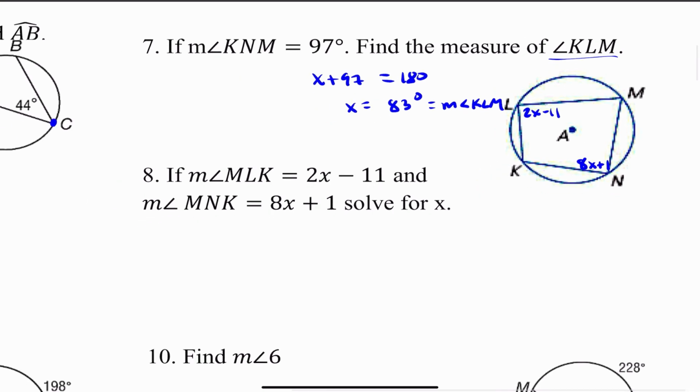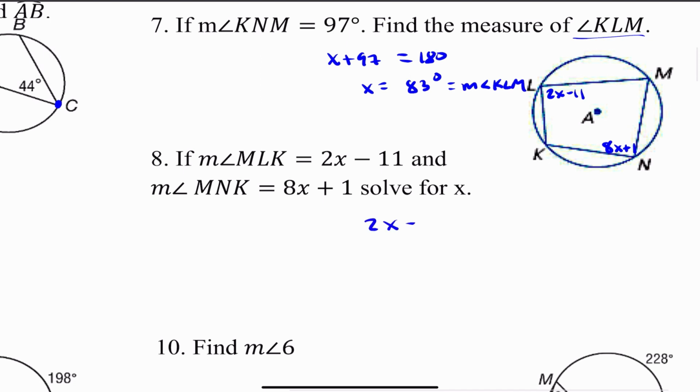All I got to do is, since those two angles are opposite to each other, add those expressions together and set them equal to 180. So 2x minus 11 plus 8x plus 1 equals 180 degrees.